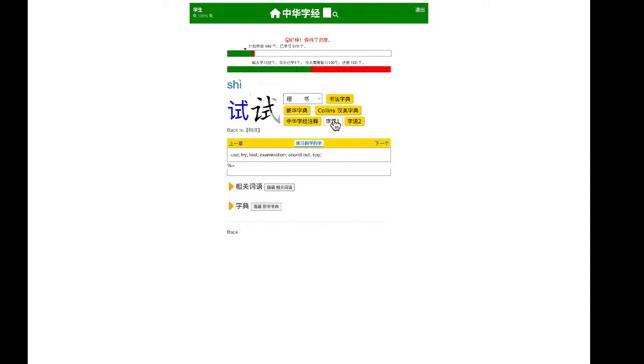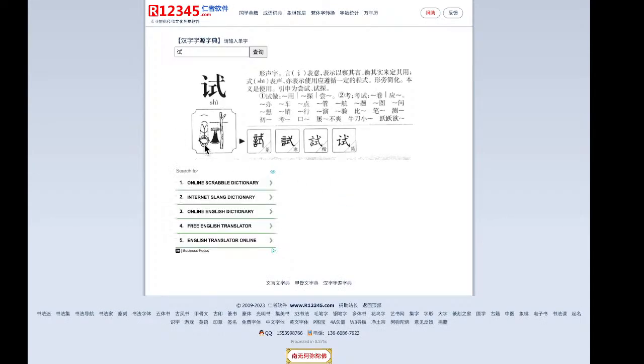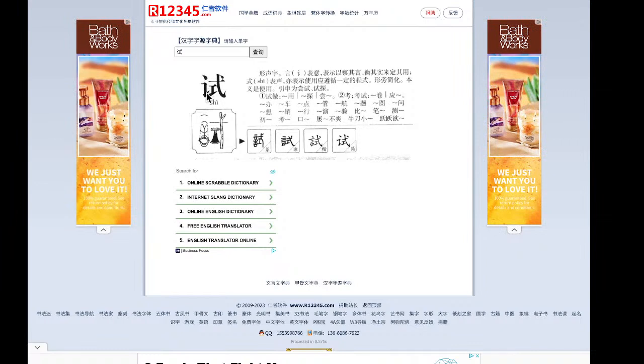And the character, if you look at it, you see that the left side is 言. Okay, so this is 言, originally it looks like this. The current form is a simplified form, and originally you can see that there's a square in there that's representing the mouth.